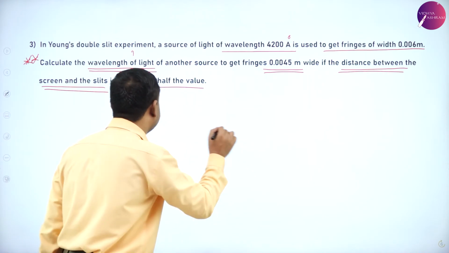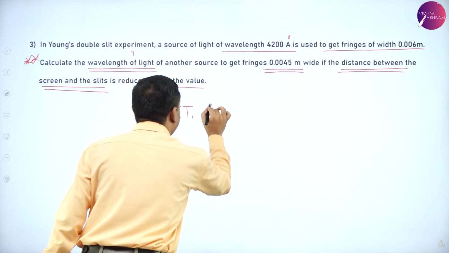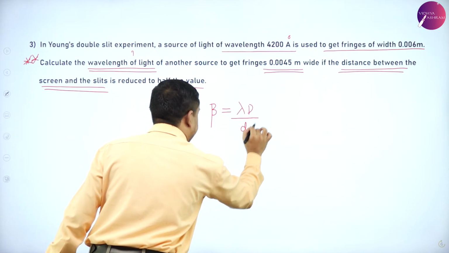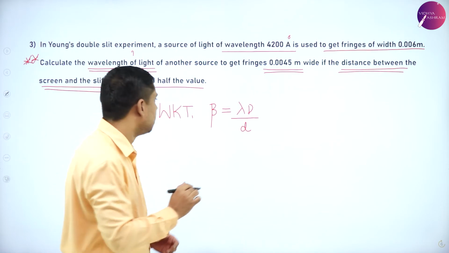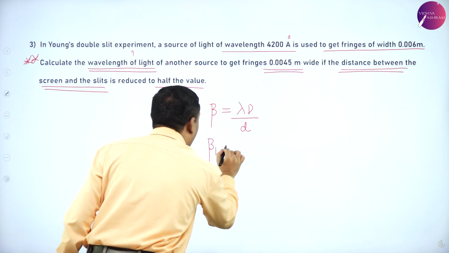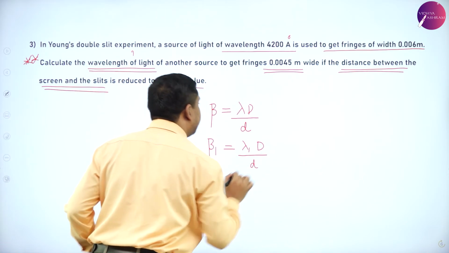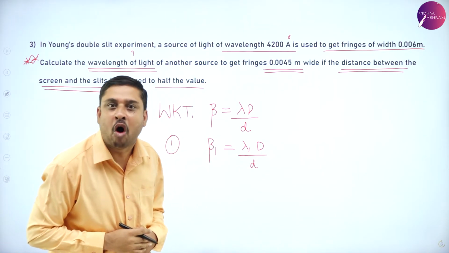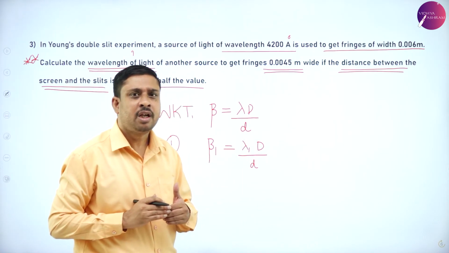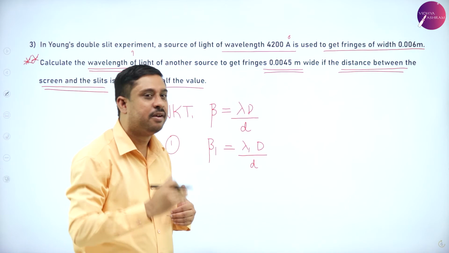With all these things, again I use the same expression. We know that beta is lambda D by d. In the first case, beta 1 is lambda 1 capital D divided by small d. Remember, capital D is the distance between the slit and the screen.